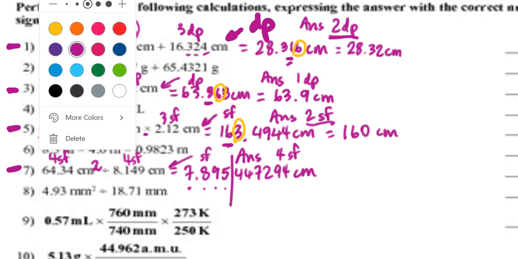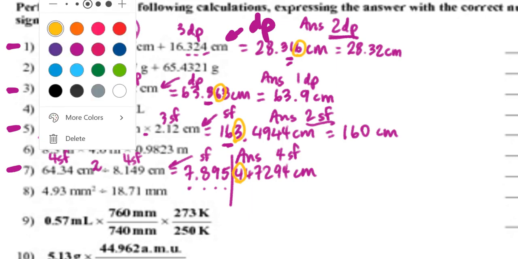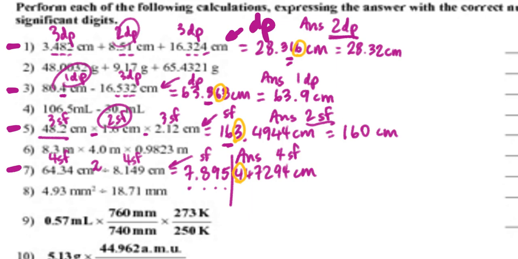So that means that I want to use this number to decide whether or not that 5 on the other side of the line that I just drew will stay a 5 or if it rounds up to a 6. Well, 4 is less than 5. And so as a result, then that 5 stays a 5, and this would be 7.895 centimeters.